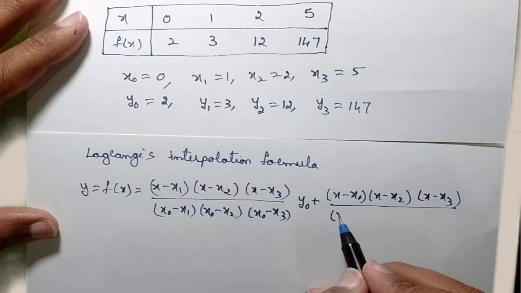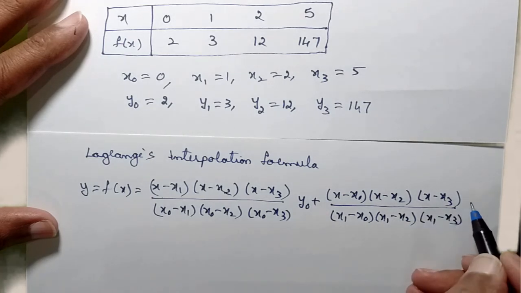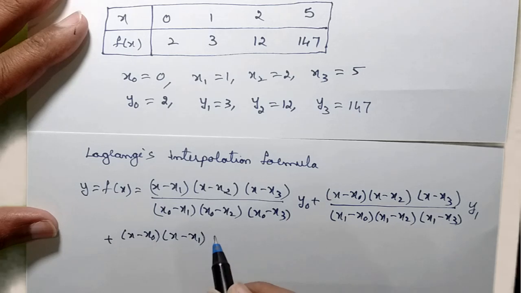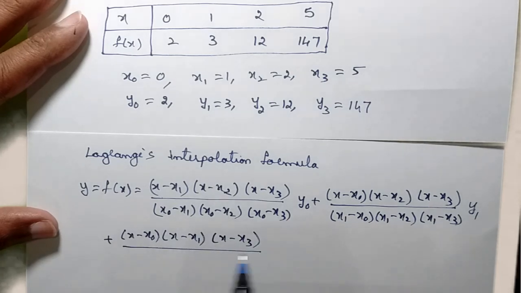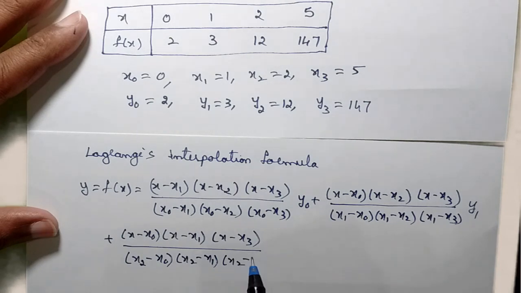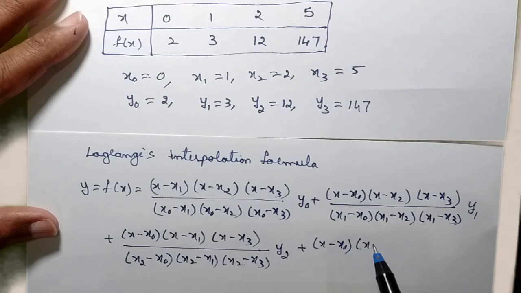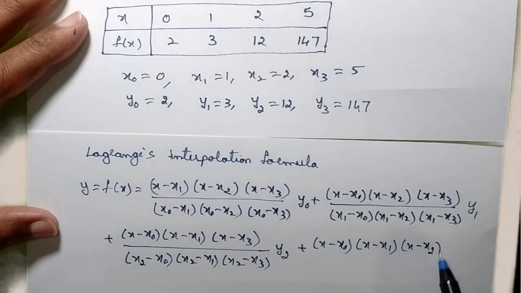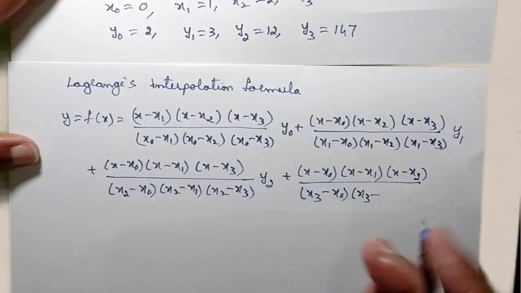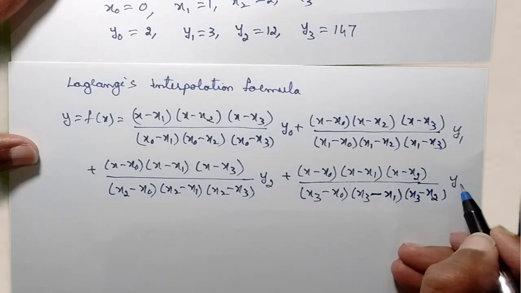Here x1 is missing, so x1 minus of x0, x1 minus of x2, x1 minus of x3, into y1, plus x minus of x0, x minus of x1, x minus of x3. x2 is missing over here, so x2 minus of x0, x2 minus of x1, x2 minus of x3, and y2, plus x minus of x0, x minus of x1, x minus of x2, whole divided by x3 minus of x0, x3 minus of x1, x3 minus of x2, into y3.